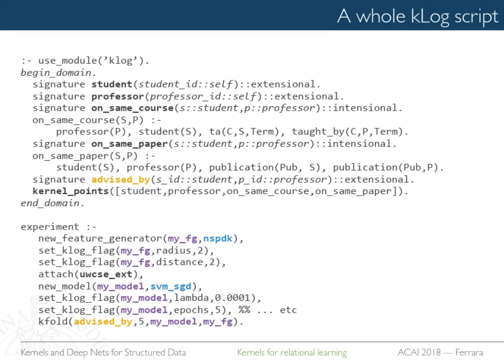It's not the data set. The data set is in another file. But this is an entire script in a single Prolog file. Okay? There are some predefined predicates to do the learning. The learning is done, in this case, as a k-fold cross-validation.